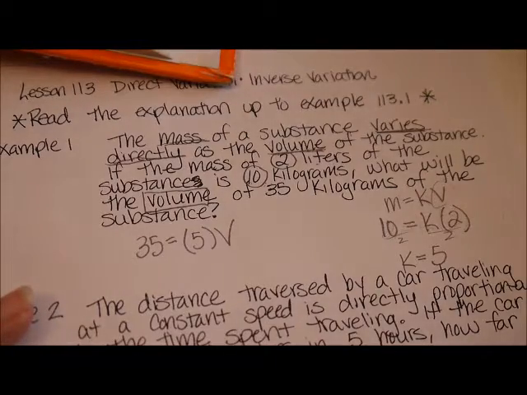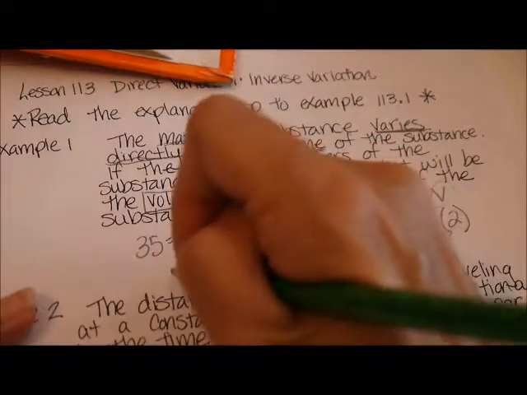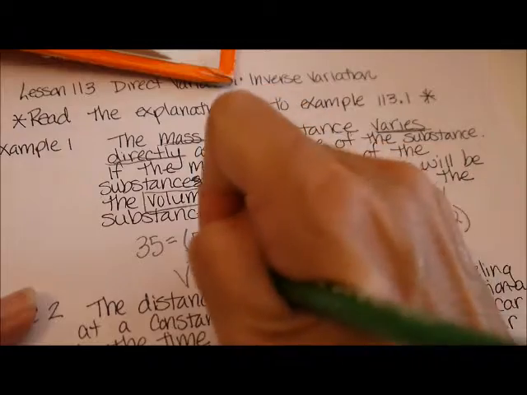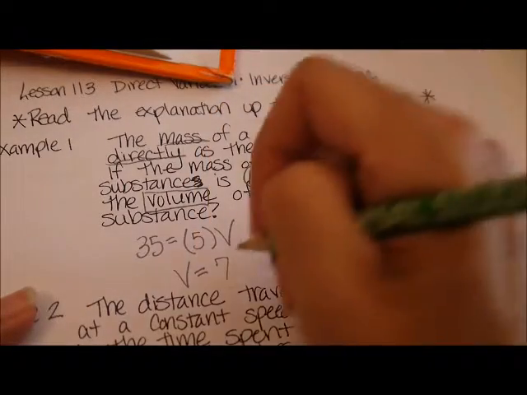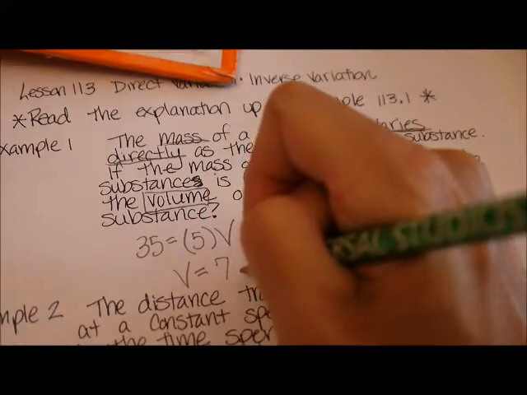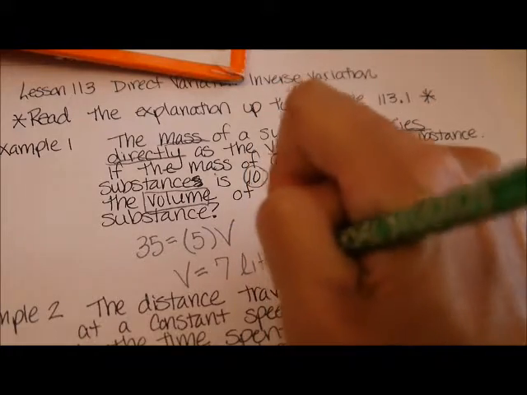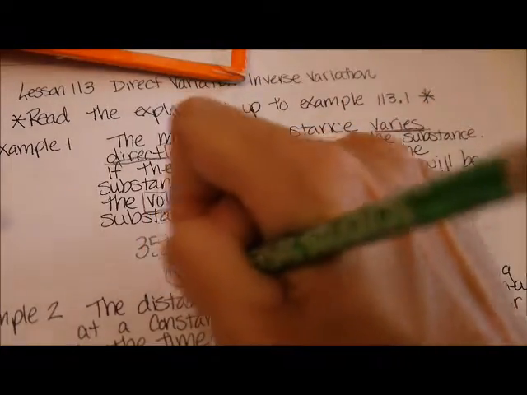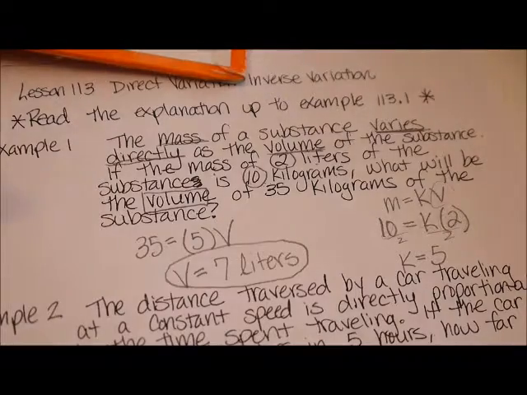What's the volume? The volume is going to be 35 divided by 5. Volume is going to be 7 liters. Okay, so that's how we put this idea into practice. Let's try it on another one.